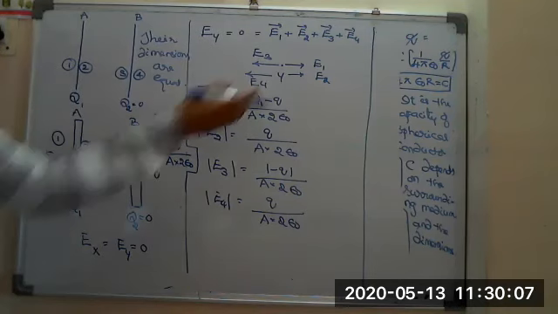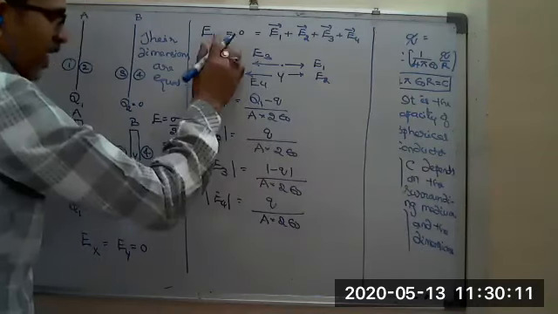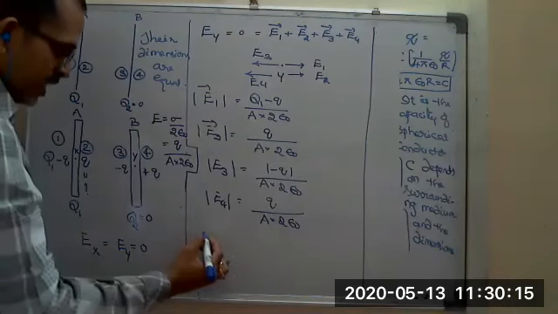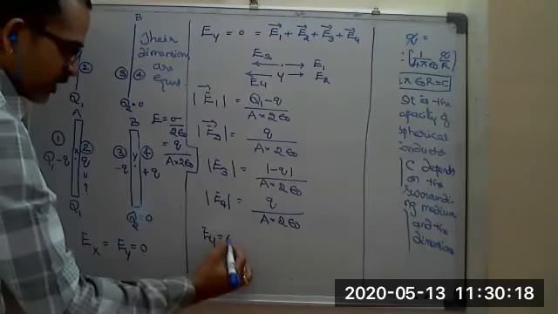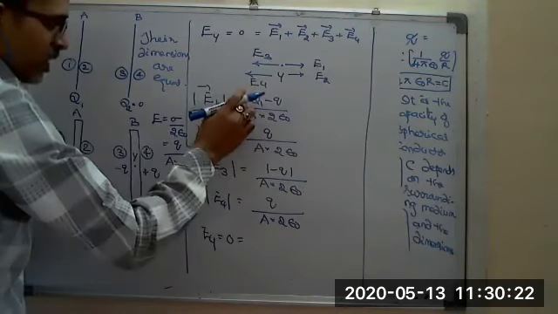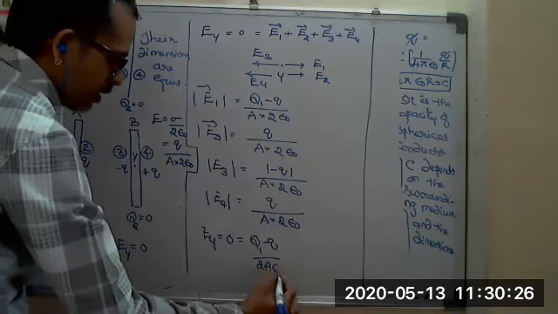So including the direction, by taking the right hand side as positive and left hand side as negative, I'm writing here, E at Y equals 0 equals E1 towards right. So it is positive, (Q1 minus Q) by 2A epsilon naught.